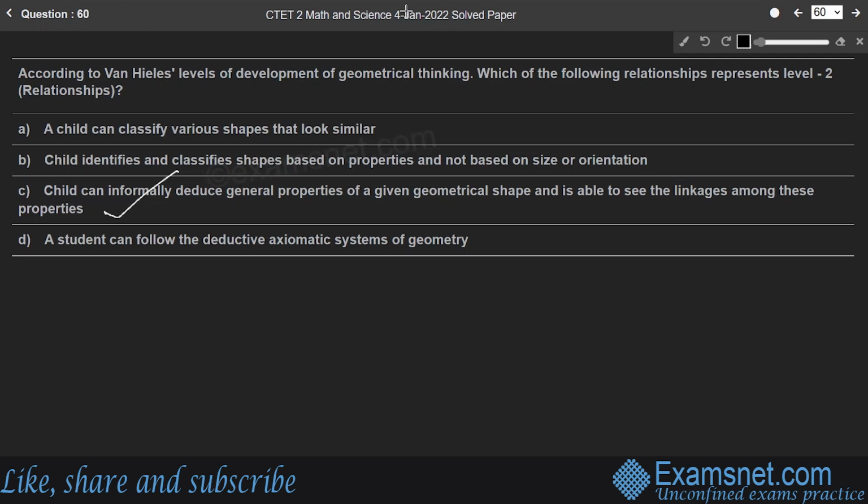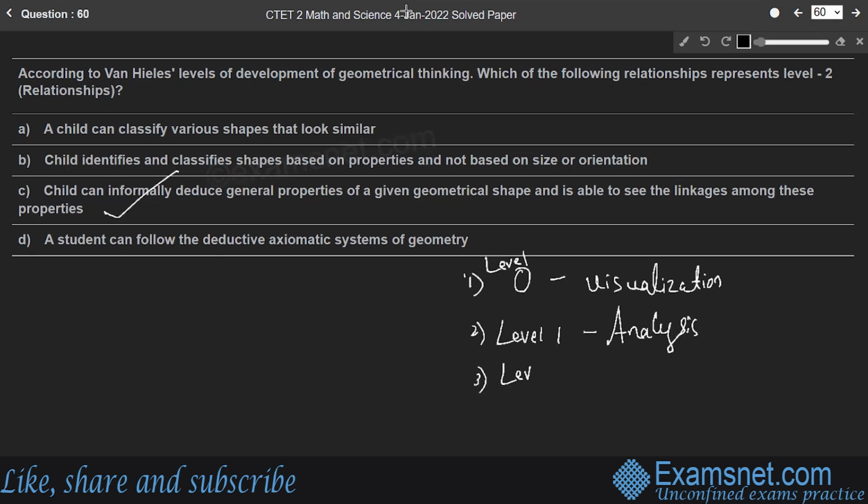So, the levels are: Level 0 is visualization. Level 1 is analysis. Level 2, abstraction or informal deduction.